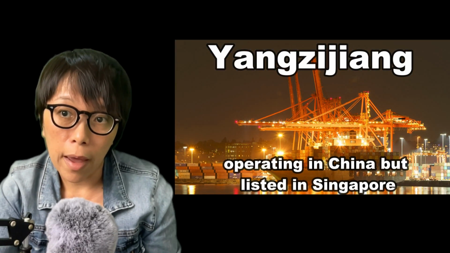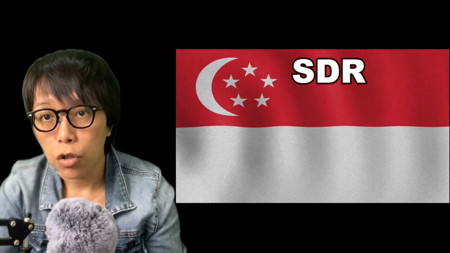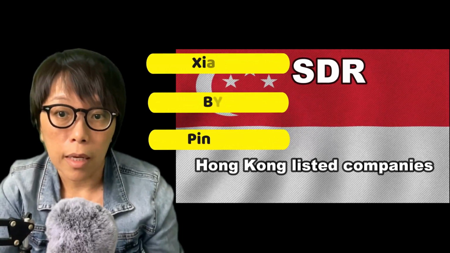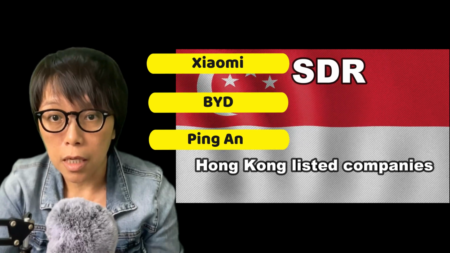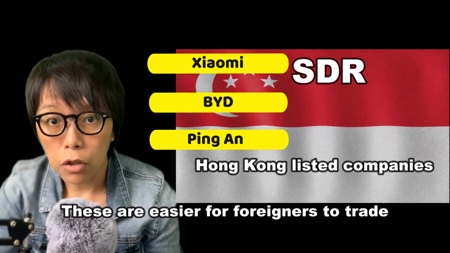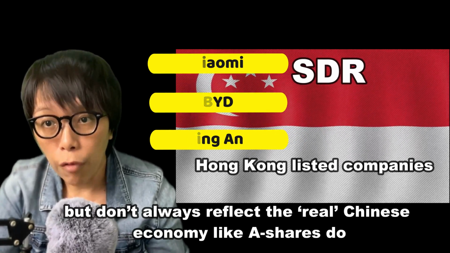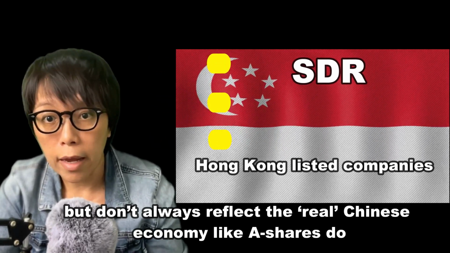Now, to add on that, Singapore recently introduced SDR, which allows us to invest into Hong Kong listed companies such as Xiaomi, BYD, Ping An, etc. All this means it's easier for foreigners to invest into the Chinese companies, but it doesn't always reflect the real Chinese economy like what the A shares do.